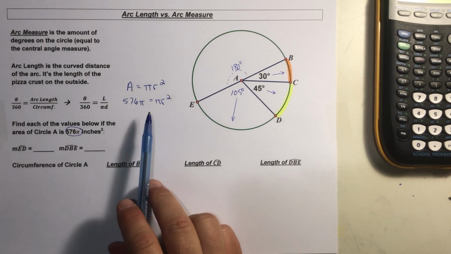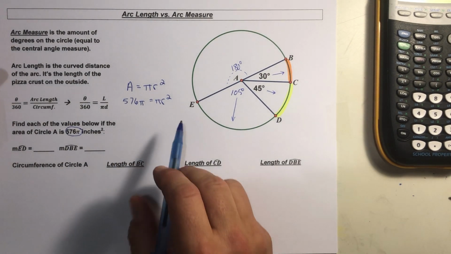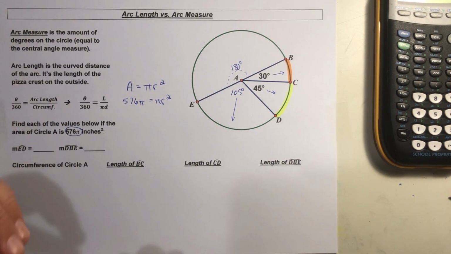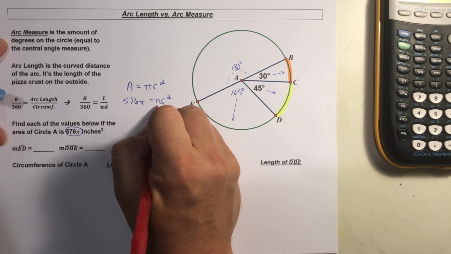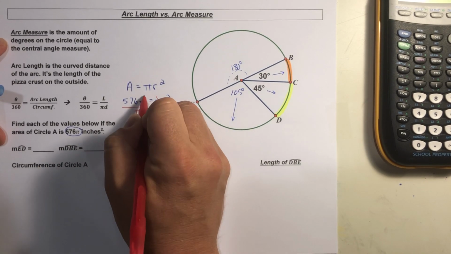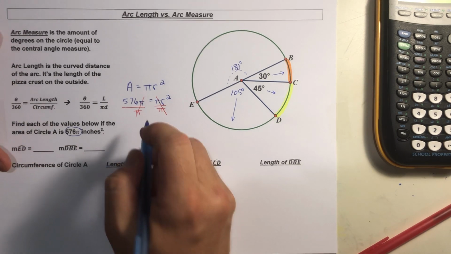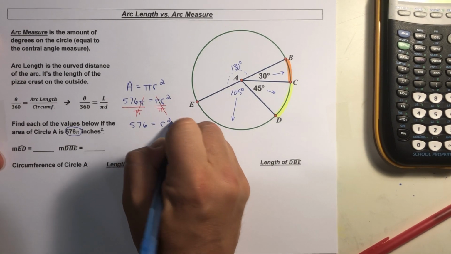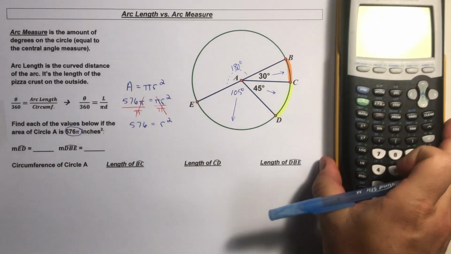Now, I want to solve this equation. Before I even take a square root, I'm noticing that I have pi's on each side. So I'm going to divide out pi on the left. What I do to one side of the equation, I'm going to do to the other. Now let me clean this up. I now have 576 equals radius squared. I'm going to grab my calculator.